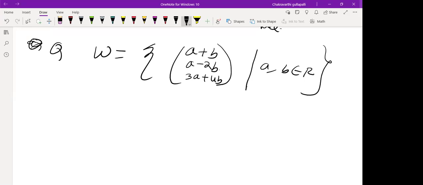The question is, can it be a basis? What is the basis for this? We want to find the dimension of W and a basis.